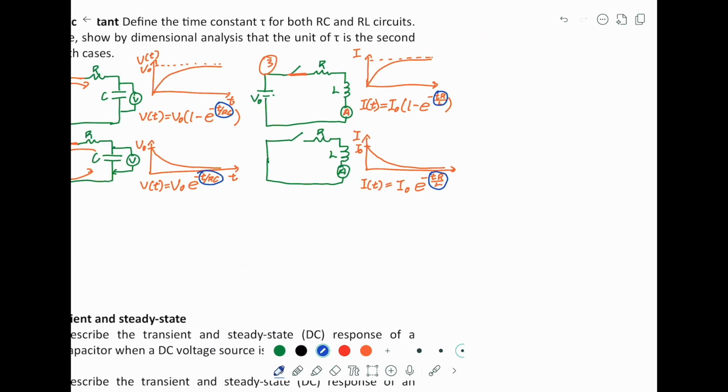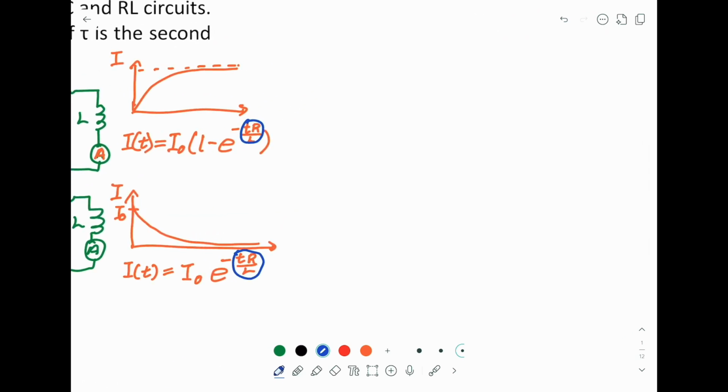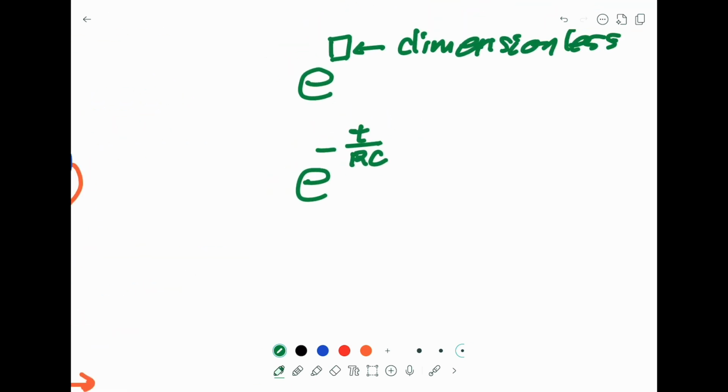So now first, let's look at some mathematics. In mathematics, for any exponential function, the exponent here has to be a number, so this one is dimensionless. Now let's look at the RC circuit. There's a factor e to the minus t over RC. And we know t is measured in seconds.